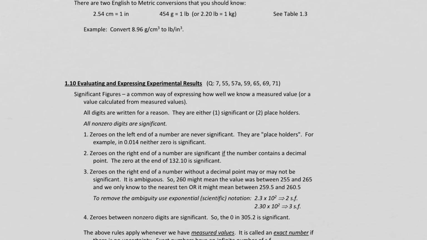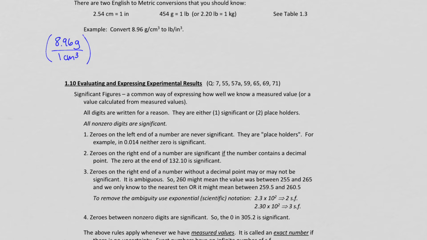So starting out, we're going to do the exact same thing we've done for the other problems. We're going to write out our 8.96 grams per centimeter cubed. Now, we're going to choose a unit to convert.